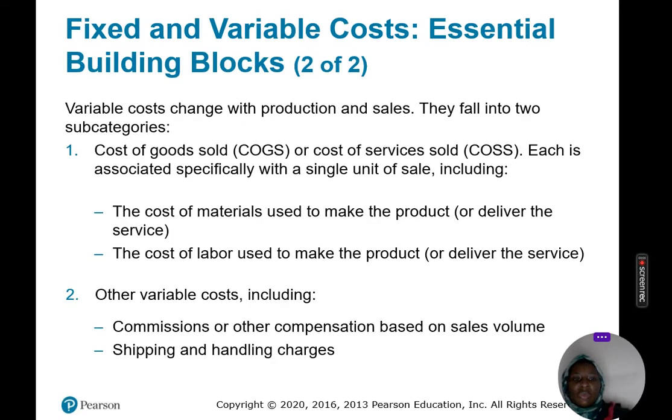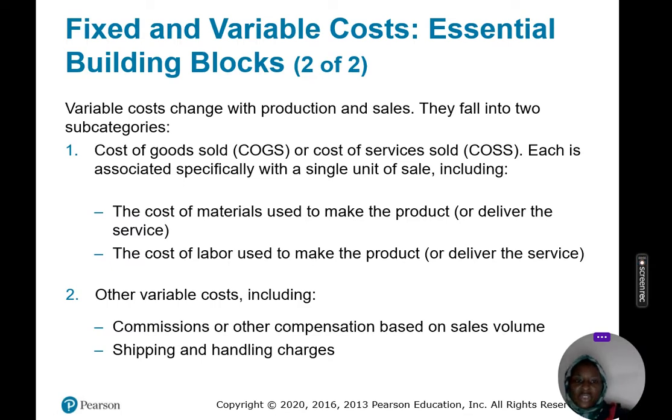So we're going to look at the types of variable costs. Variable costs change with production and sales. They fall into 2 subcategories. We have cost of goods sold or cost of service sold. For cost of goods, we have COGS, and for cost of services, we have COS.